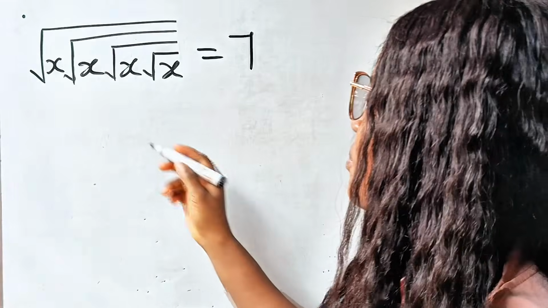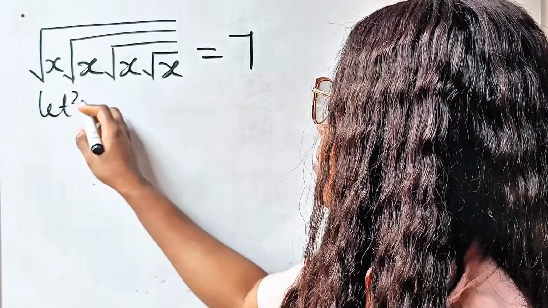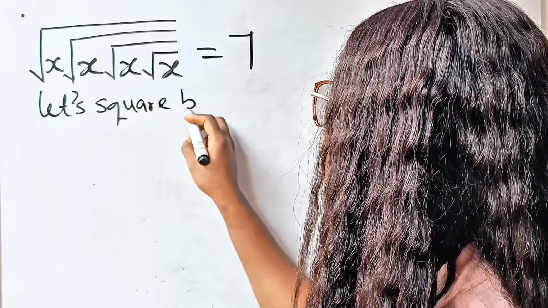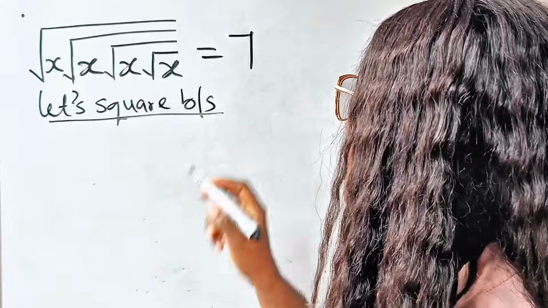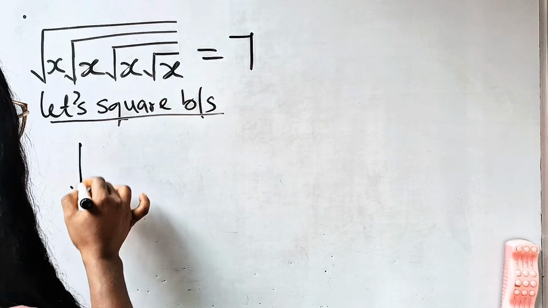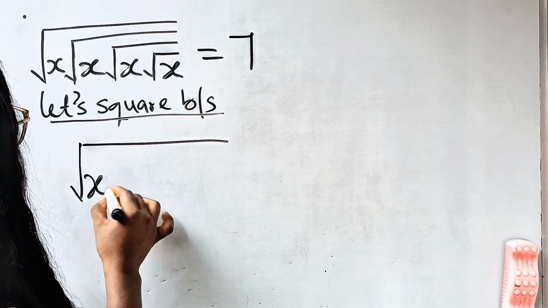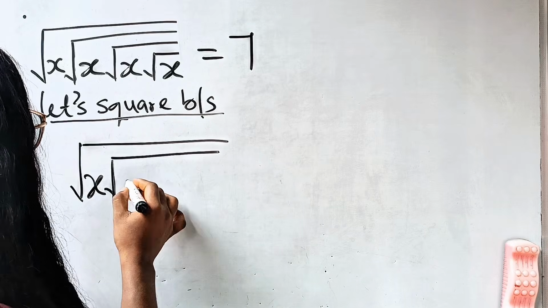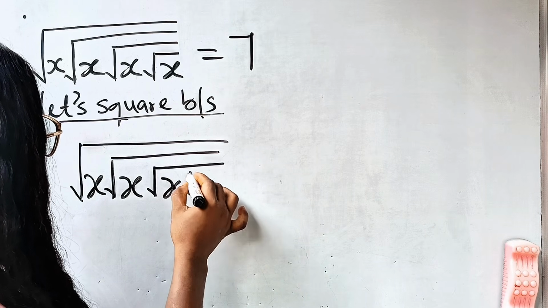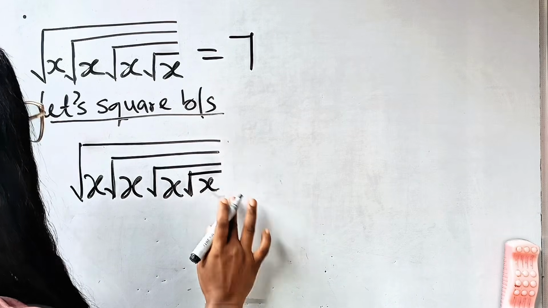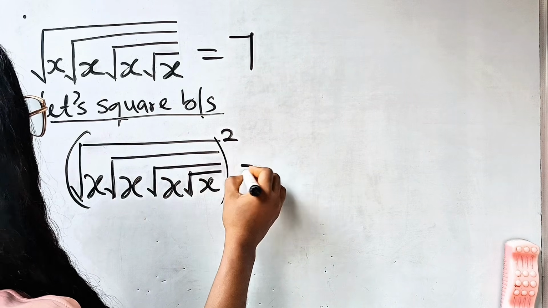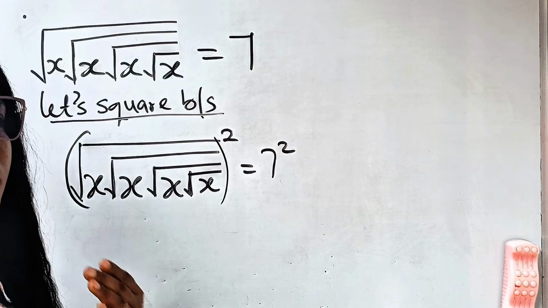So first of all, let's square both sides. So if we do that, we will have the square root of x root x root x root x, all squared, is equal to 7 squared.